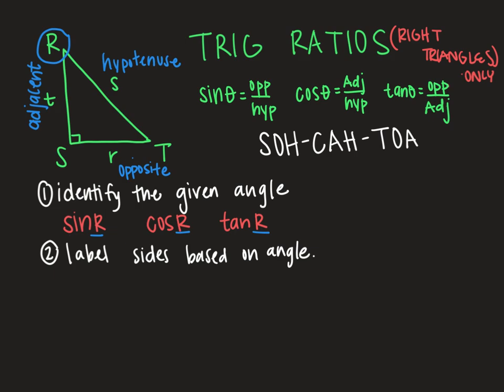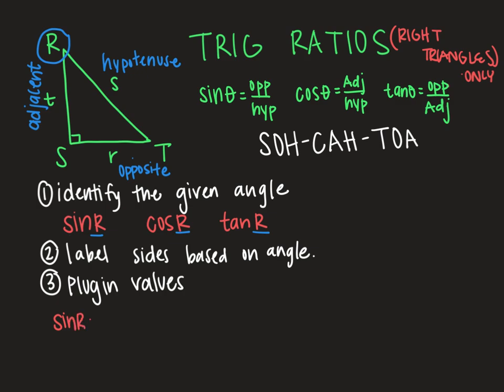Okay, so we've labeled the sides of the triangle, and now we're just going to plug in our values. So I have sine of r.